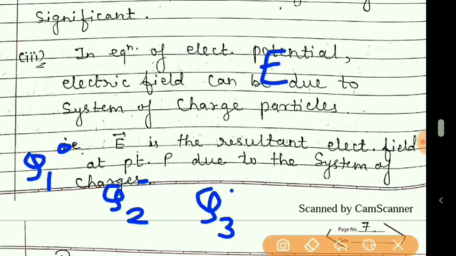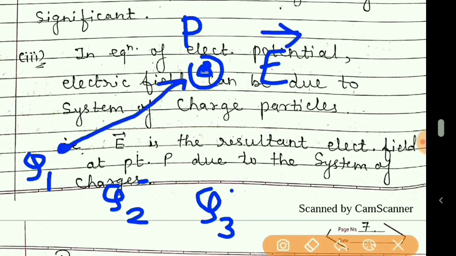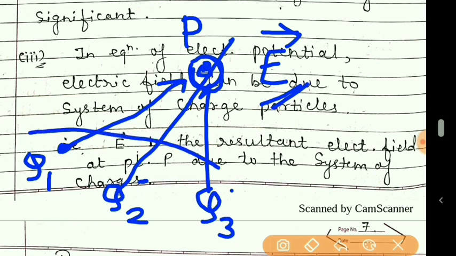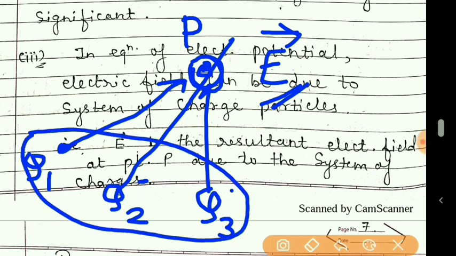So if we want to find the potential at this point P, then at this point the electric field E is due to all these charged particles. So here at point P we need to calculate the net electric field or the resultant electric field due to this system of charged particles.